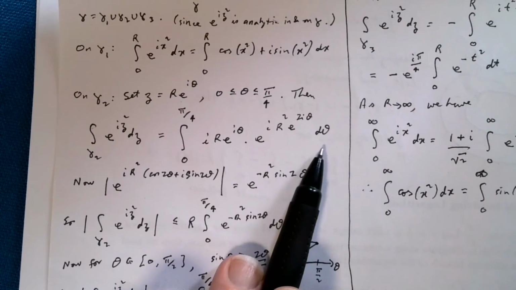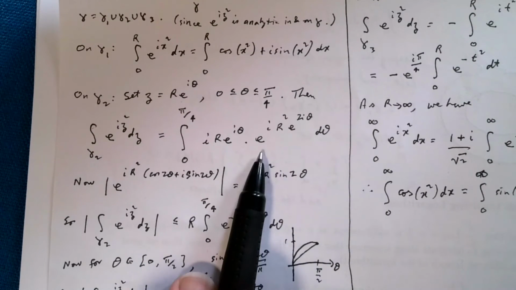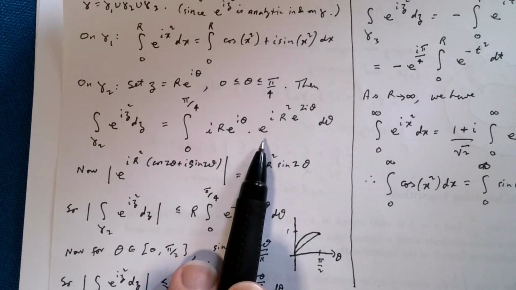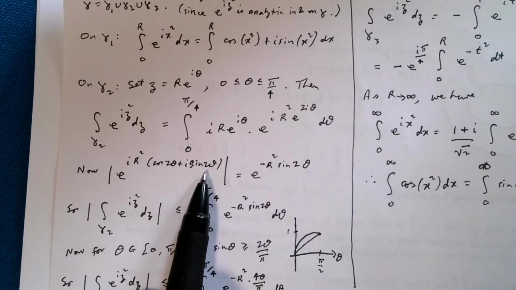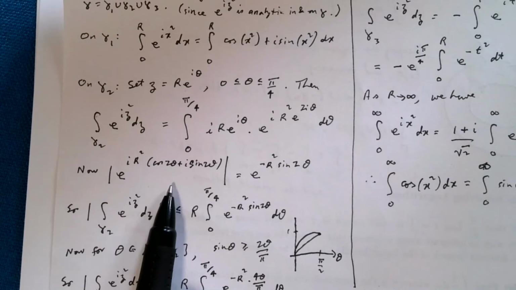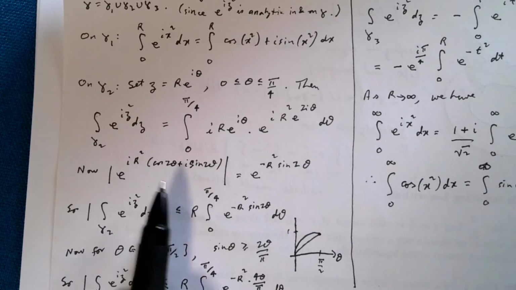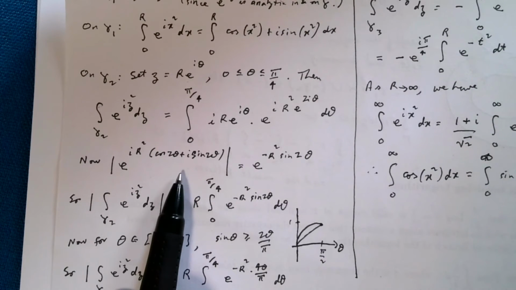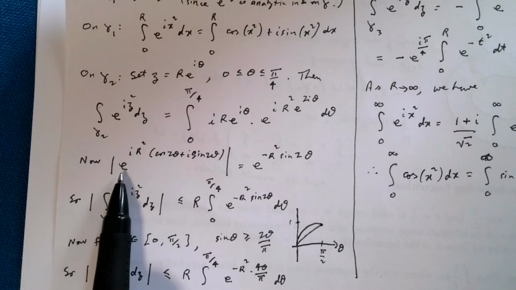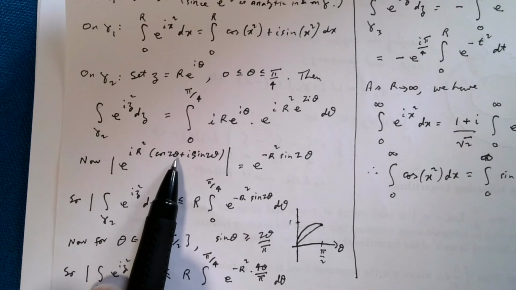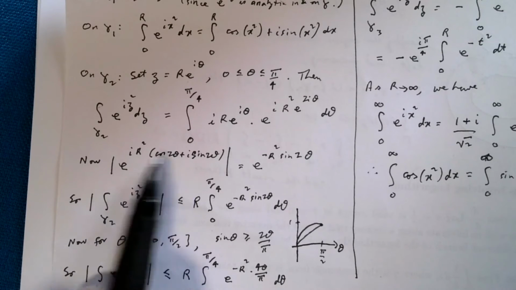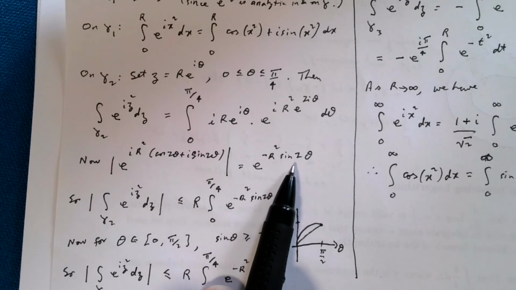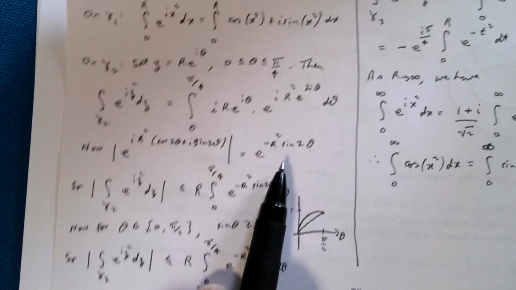Now I want to analyze this thing in here and see what we can make of it. If I expand this out using Euler, I just get this upstairs, and I want to look at the size, the modulus of this, to see what contribution it's going to make. The modulus of e to the i r squared cos 2 theta is just 1, times the absolute value of e to the minus r squared sine 2 theta, and this is positive, so I can ignore the absolute value signs.